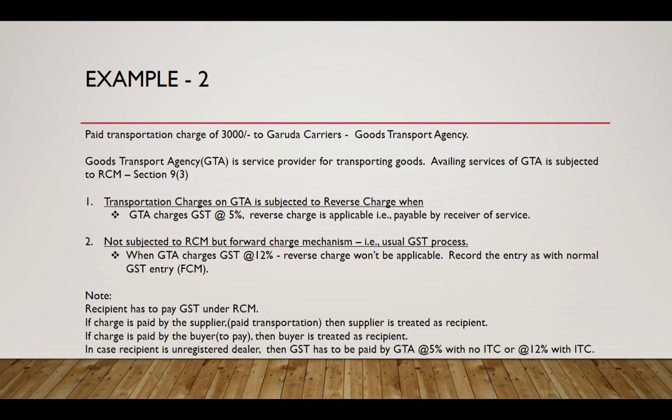If the receiver of the goods, that is the buyer, is required to pay transportation charges, then the buyer is treated as recipient. Sometimes the recipient of service could be an unregistered dealer or a normal person who doesn't hold any business and has availed transportation service to transport household items or personal belongings. In that case, it is the liability of GTA to pay GST to the government.